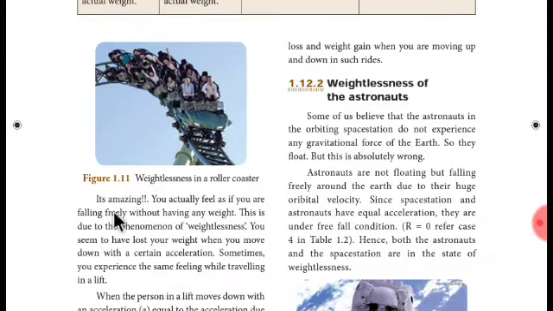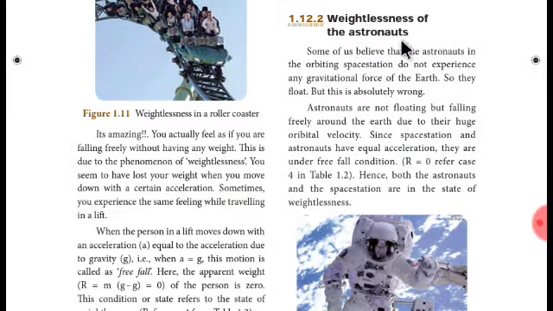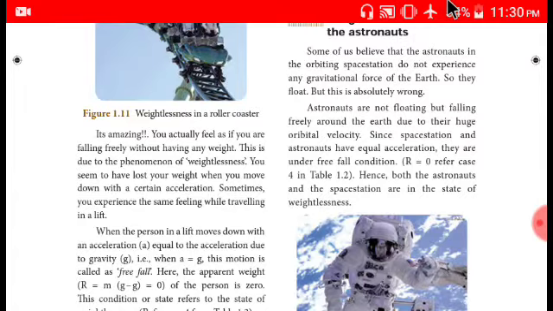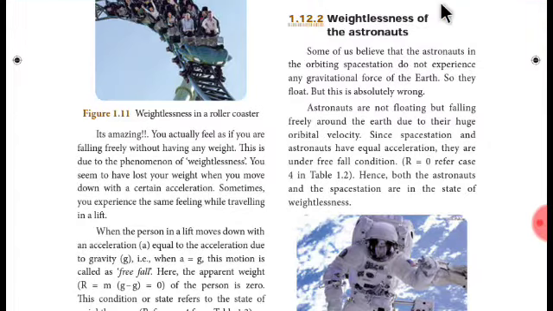That's the topic of weightlessness, and we are entering the next topic, weightlessness of the astronauts. Everyone must be interested in learning about astronauts, space, sun, stars, everything. But if you want to learn these things, you must join some space research institutes like ISRO, located in Karnataka or Bangalore, somewhere there.